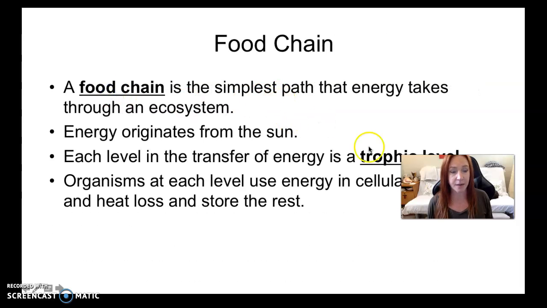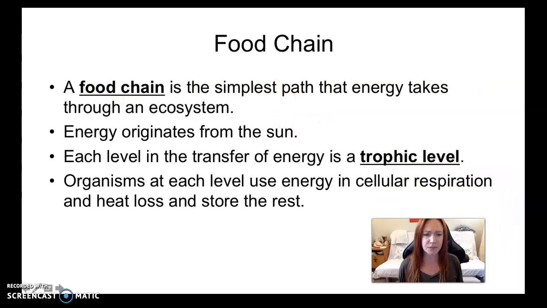Okay? All right, let's talk about food chains. You guys kind of know what food chains are, right? A food chain is the simplest path that energy takes through an environment. Generally, when you think of a food chain, you might think of who eats whom, which isn't wrong, but we're going to narrow that down and look at how the food chain is really how energy flows through the environment.